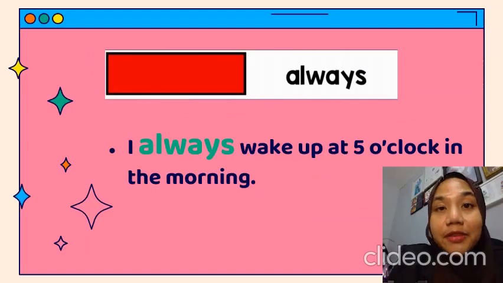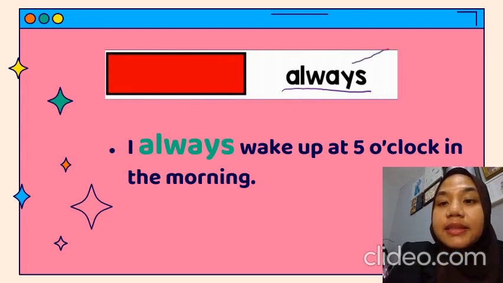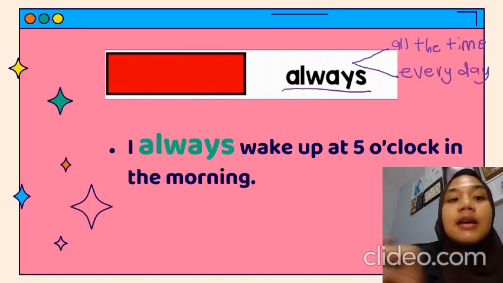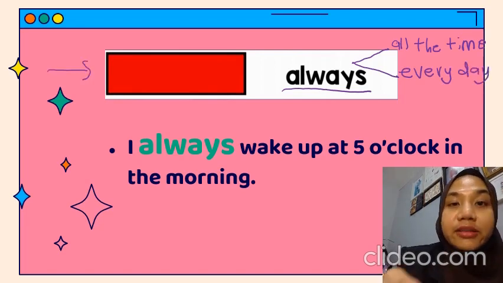The first adverb of frequency is always. Always describes the action that happens all the time. It also describes the action that happens every day. Okay, look at this bar for example.